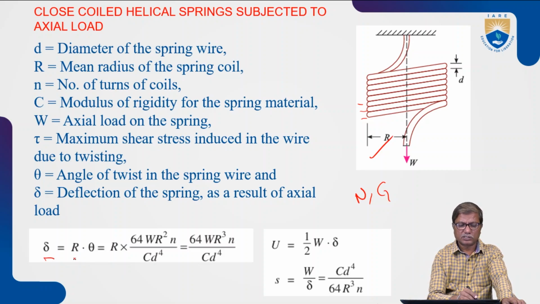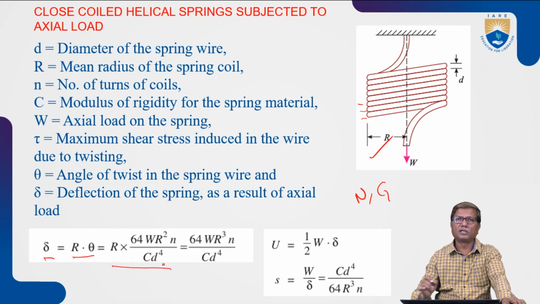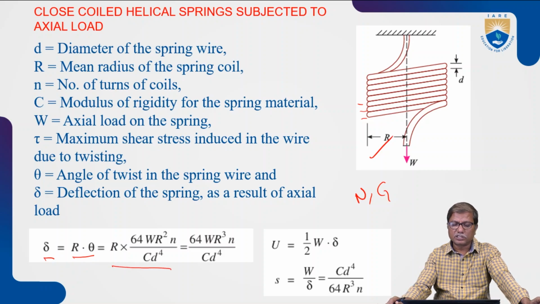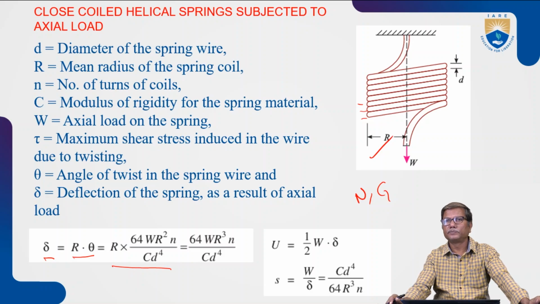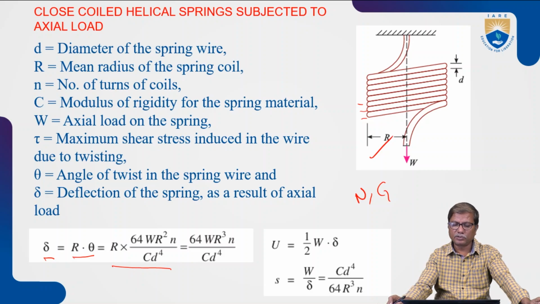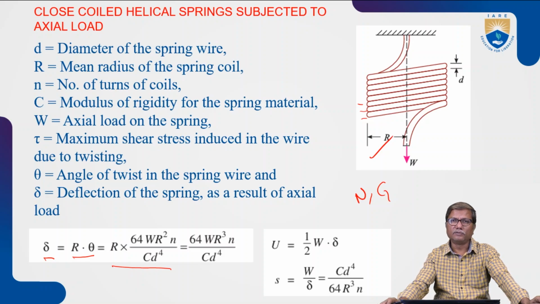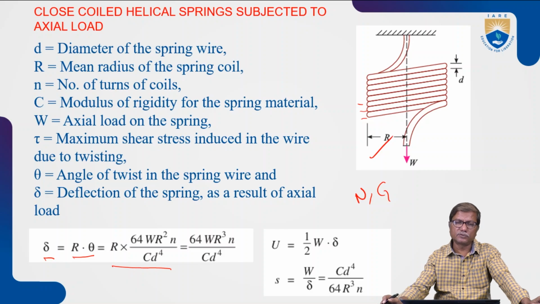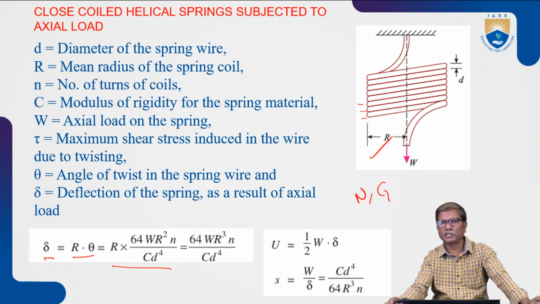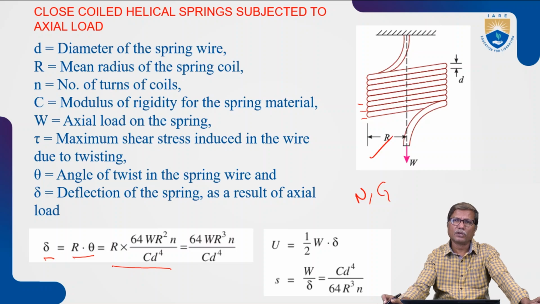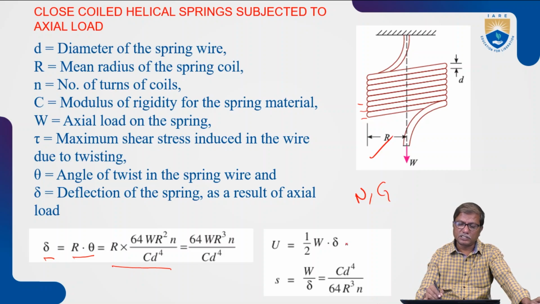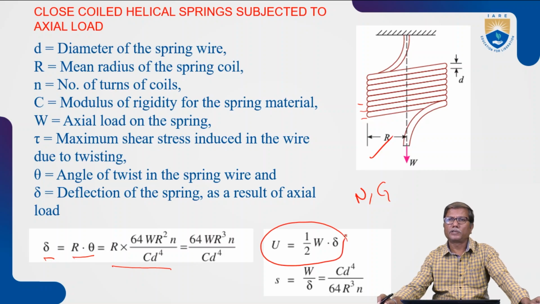Delta, already we have seen this derivation, is 64 W R cube N divided by C D power 4. The notation is already mentioned. So the deflection is given as 64 W R cube N divided by C D power 4, and the strain energy stored in the spring: it is subjected to some extension or contraction, isn't it?